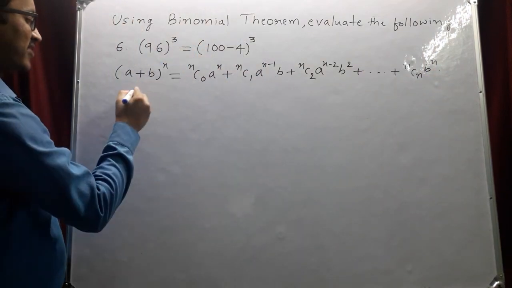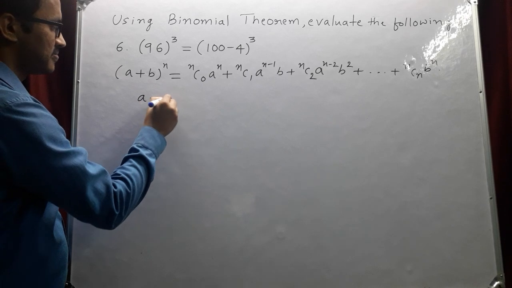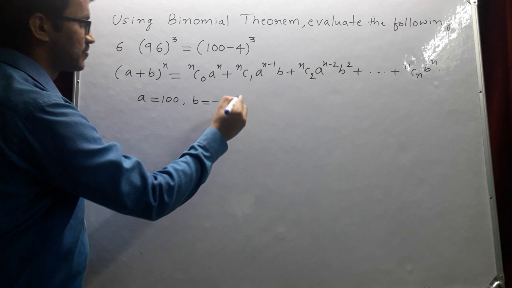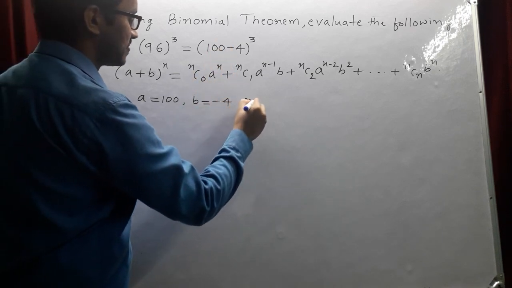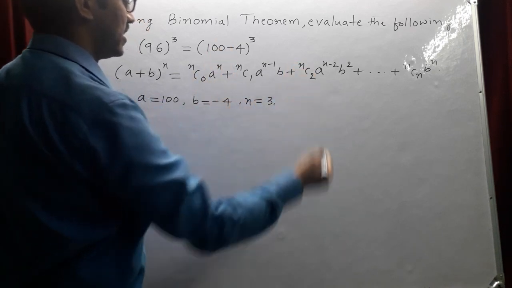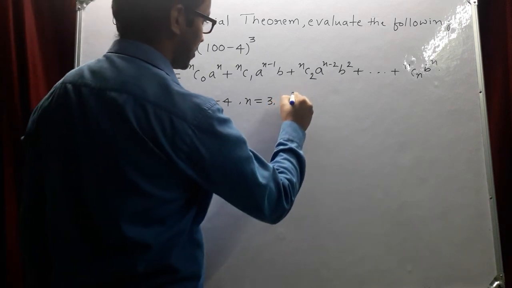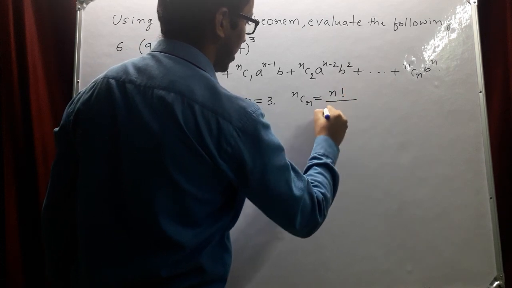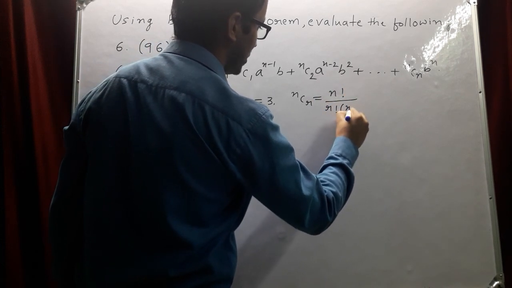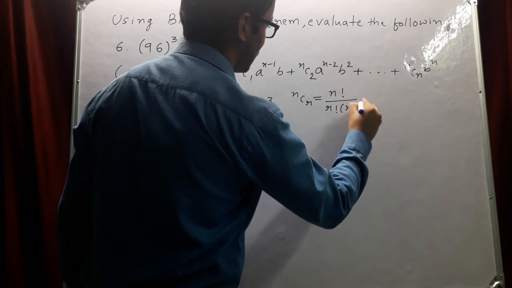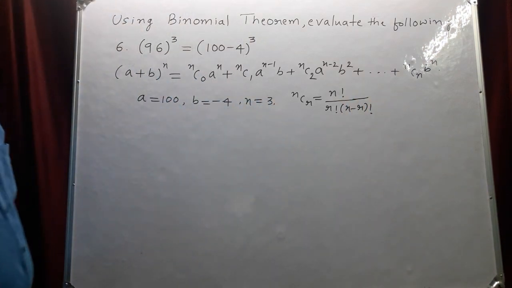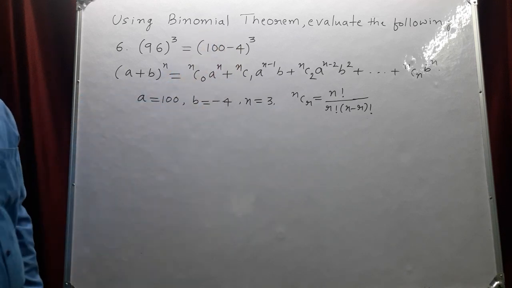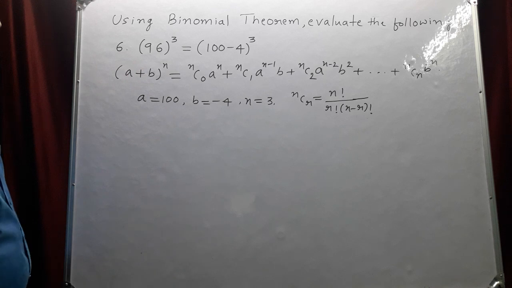Here a value is 100, b value is minus 4 and n value is 3. The general formula for the combination nCr is n factorial by r factorial into (n minus r) factorial. Now let us expand (100 minus 4) whole cube by using the binomial theorem.